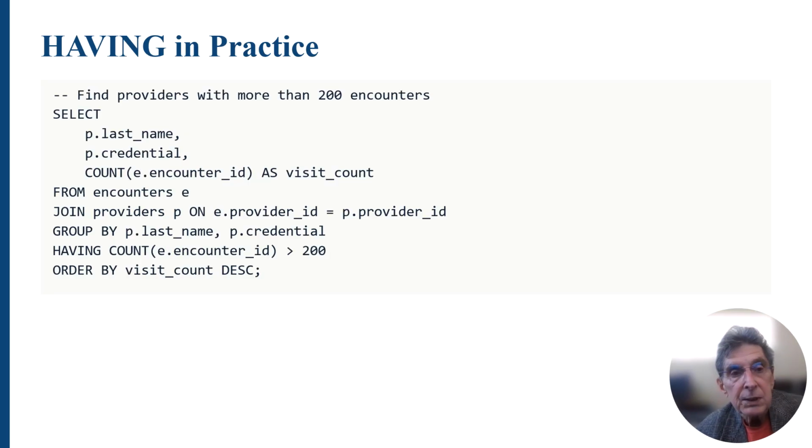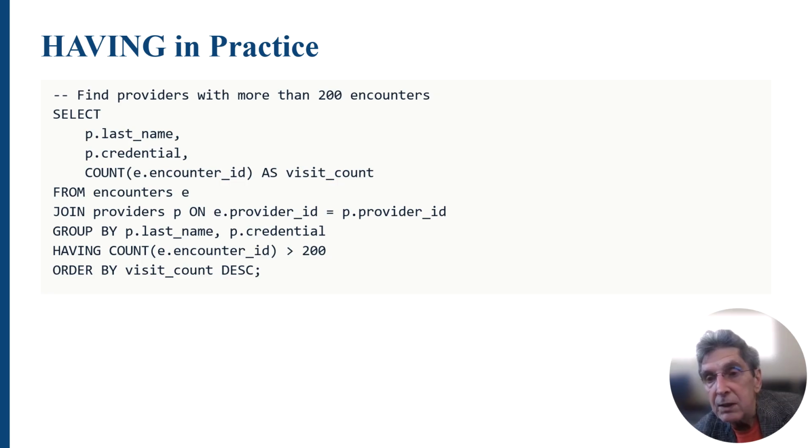It just takes doing. So having in practice, this example, look at this carefully, finds the providers with more than 200 encounters. We're going to join encounters with providers, and we're going to group by provider name and credential. We have to put them both together so we don't get a violation.